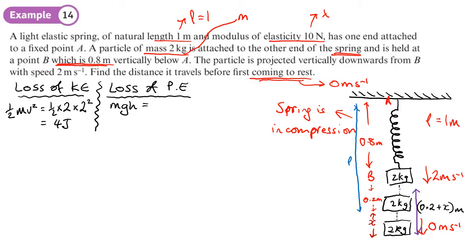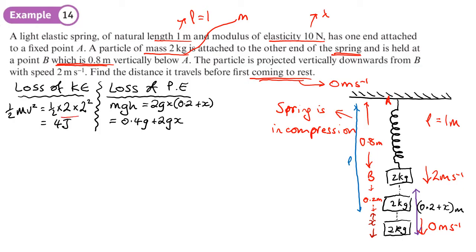That's going to be 2g times 0.2 plus x. So I might want to tidy that up before I use it. So that'll be 0.4g plus 2gx. So I'll probably use that in a minute.